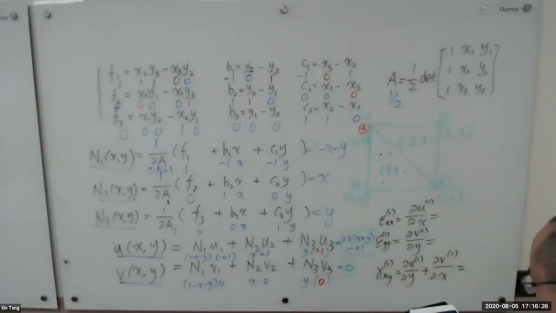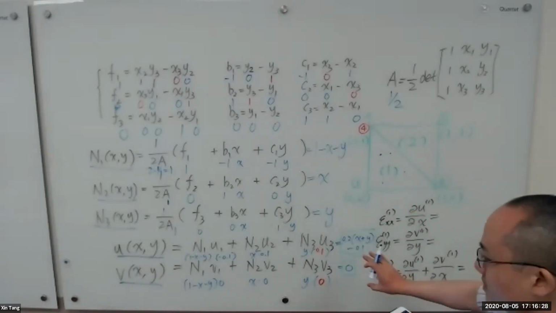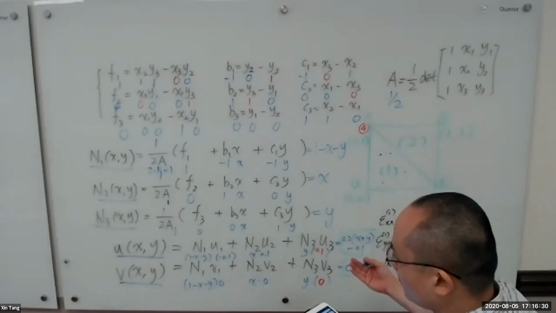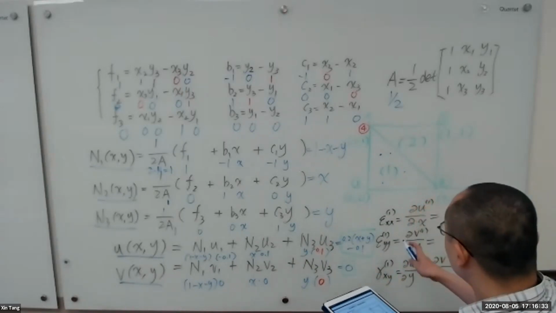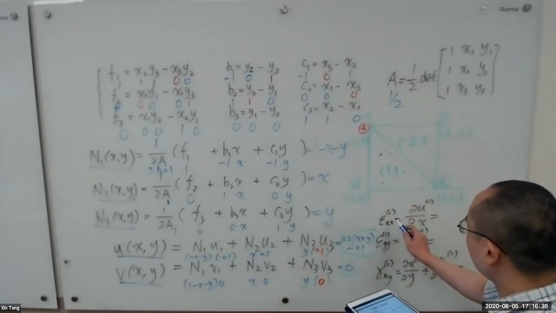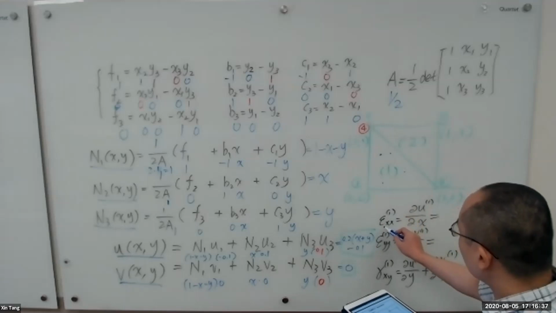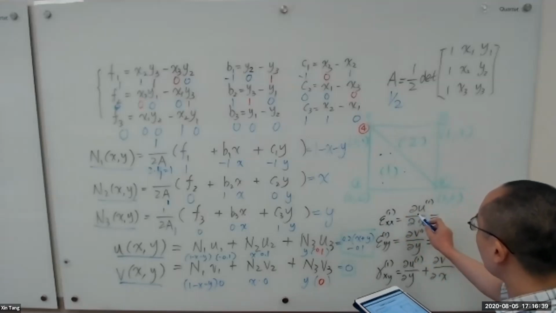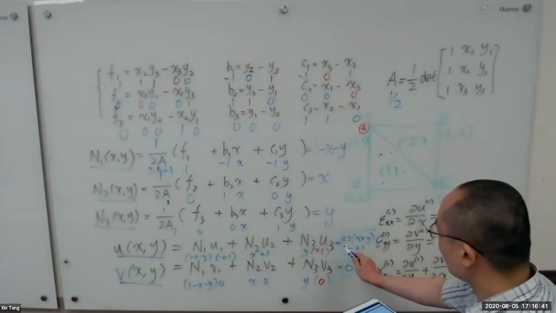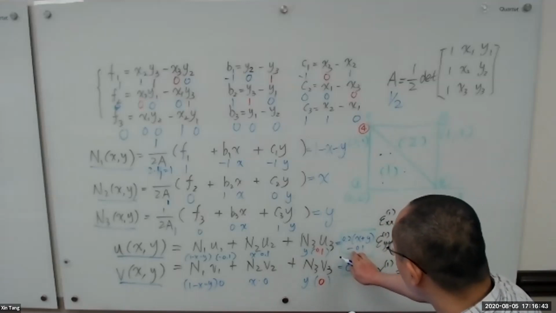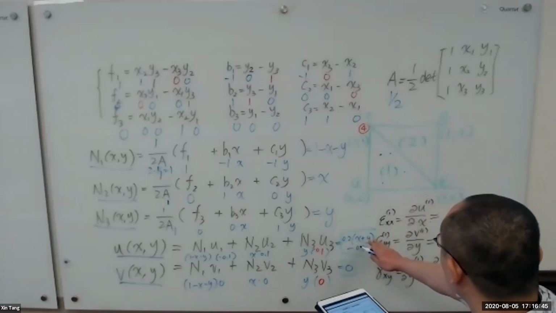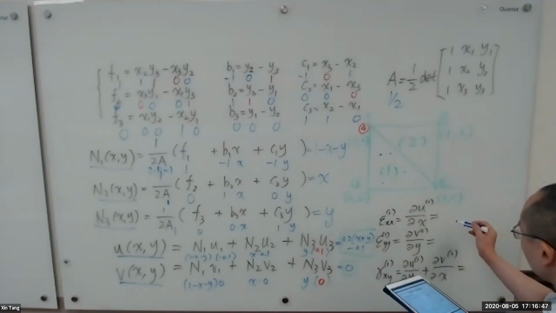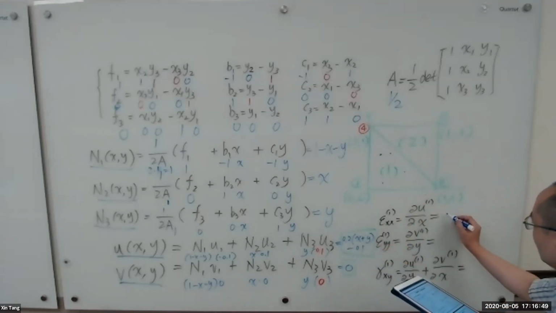Now, with this, we can further calculate the strain field. So for this element 1, epsilon xx is partial u, partial x. u we already know is this one. If you do the partial u, partial x, this equals how much? 0.2.